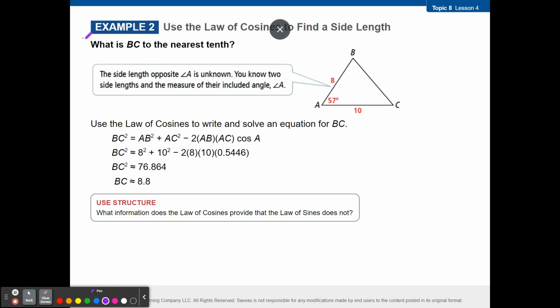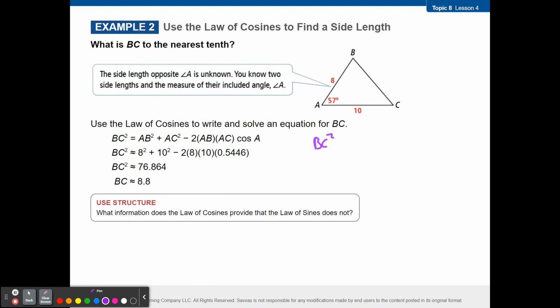So what's happening here, it says, what is BC to the nearest 10th? So here's BC. Here's our angle A. Here's 8 and 10. So these are the two sides and the angle we need to use to solve for this side. So this is going to look like this.